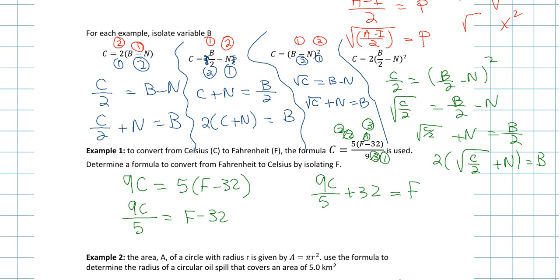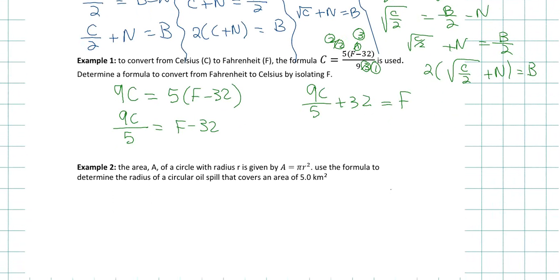The area A of a circle with radius r is given by A equals pi r squared. Determine the radius of a circular oil spill that covers an area of 5 kilometers squared. So what am I solving for? R, knowing what?